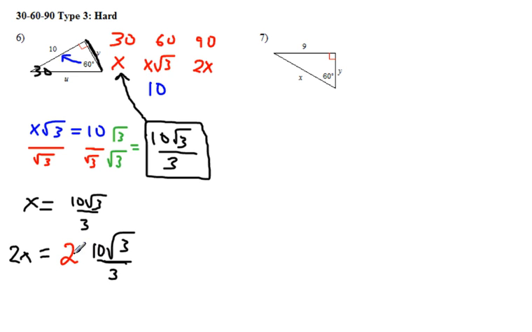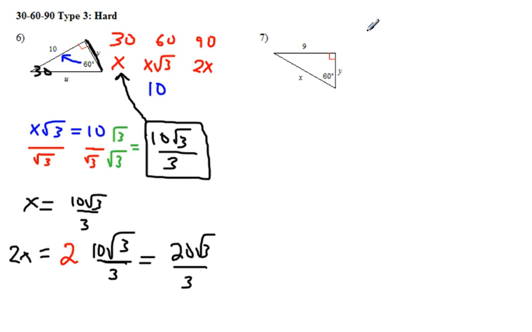Really, we're multiplying this 2 times the number 10. It's just double that 10. It's going to be 20 root 3 over 3. That would go right here across from your 90-degree angle. So x, 10 root 3 over 3, that's across from the 30-degree angle. 2x across from the 90-degree angle, 20 root 3 over 3.